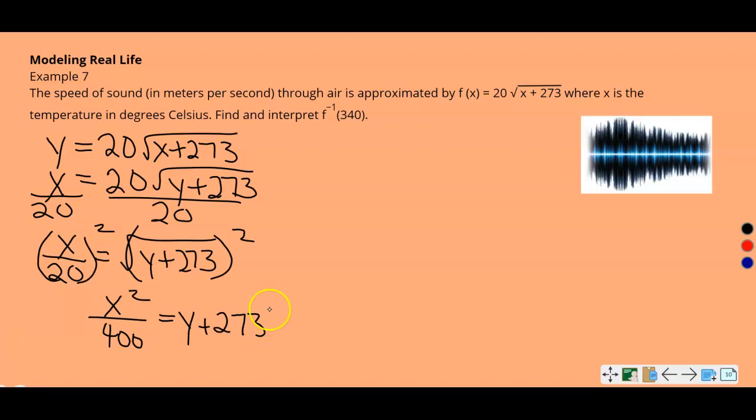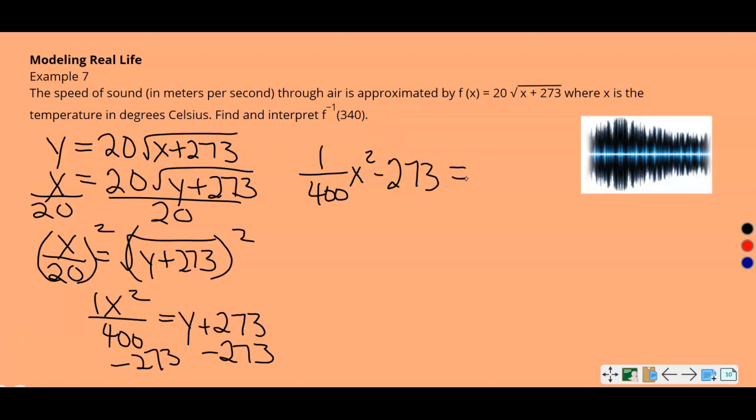Then I'm going to subtract 273 from both sides. So I can write this as 1 over 400 x squared minus 273, and that's going to be f inverse of x.